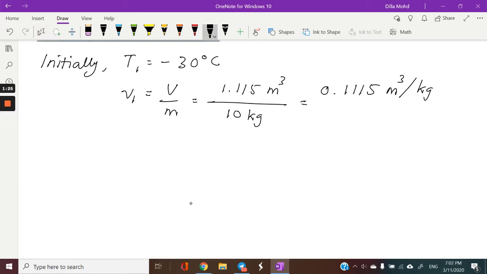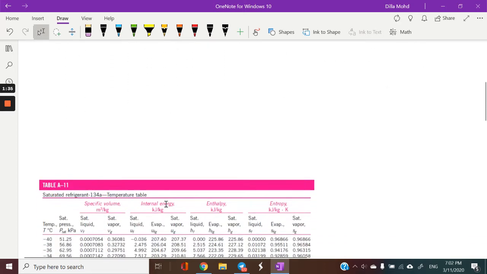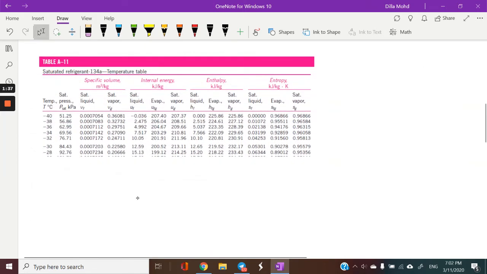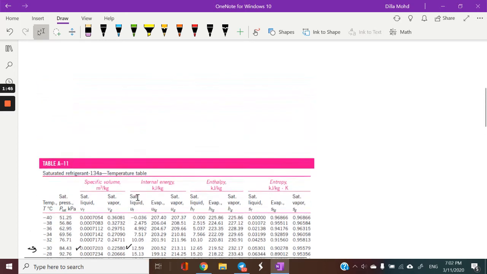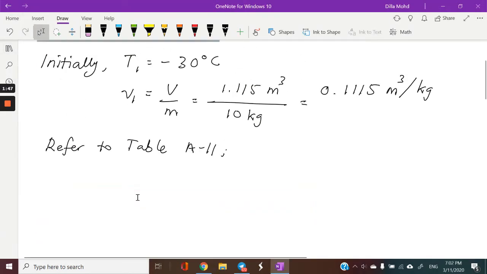So next, you refer to table A11. Go to T equals minus 30 degrees Celsius and you get the v sub f and v sub g, because the other property that you have is your v1.